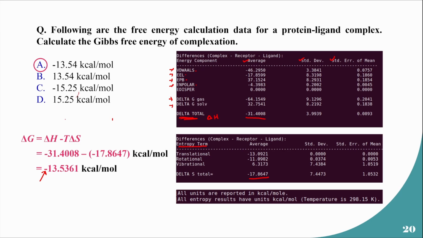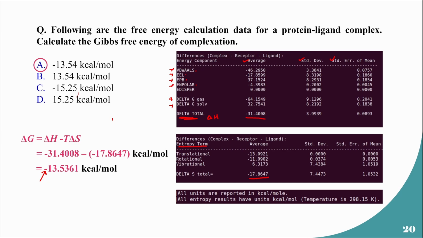Since you are calculating the value for the final state minus the initial state, a minus term indicates that the energy of the complex was lower than that of the initial protein and ligand combined, right? So that means during this transformation from the unbound to the bound state, some energy was liberated outside. That is what is indicated by this minus symbol here.